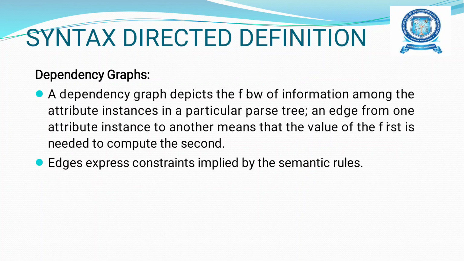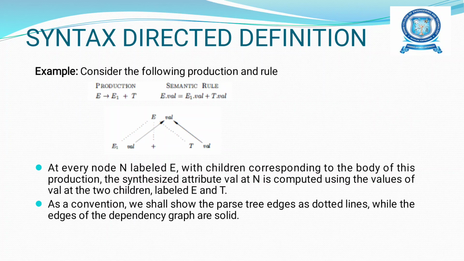The dependency graph depicts the flow of information among the attribute instances in a particular parse tree. An edge from one attribute instance to another means that the value of the first is needed to compute the second. Edges express constraints implied by the semantic rules.